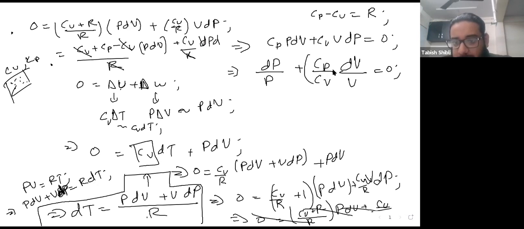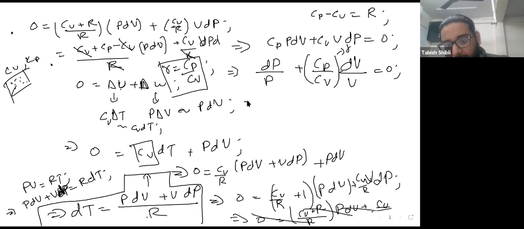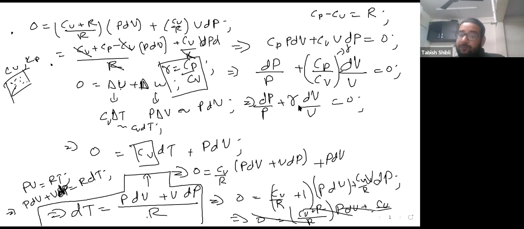We can call this ratio some gamma. So gamma is equal to Cp by Cv. So this is just dP by P plus gamma dV by V is equal to 0.